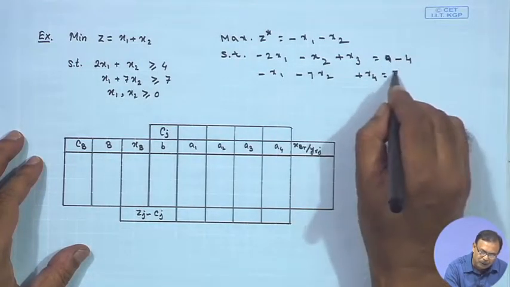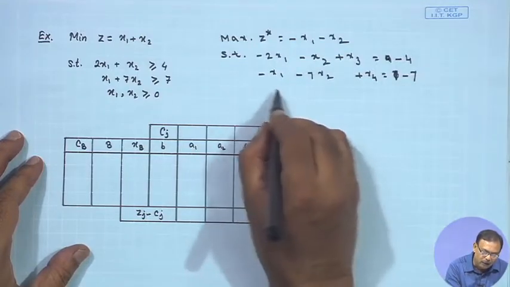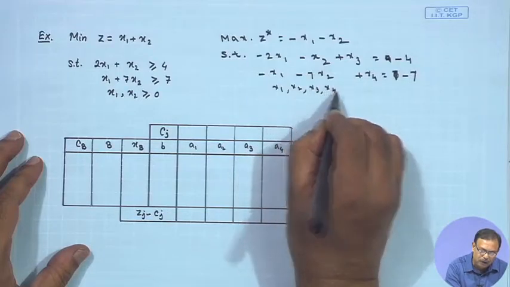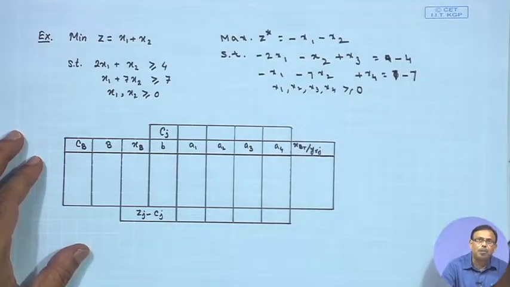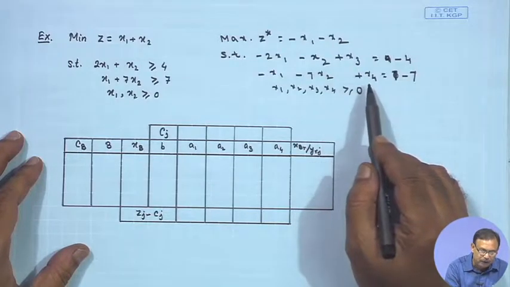And x 1, x 2, x 3 and x 4 are greater than equals 0, where x 3 and x 4 are the slack variables.